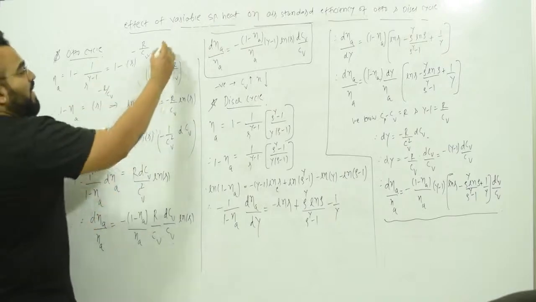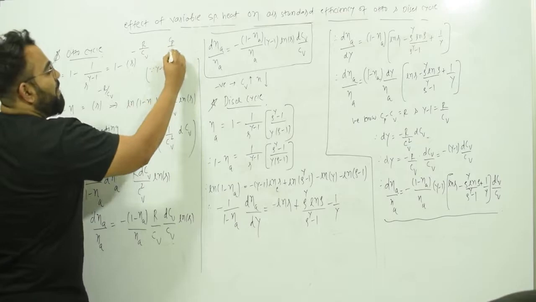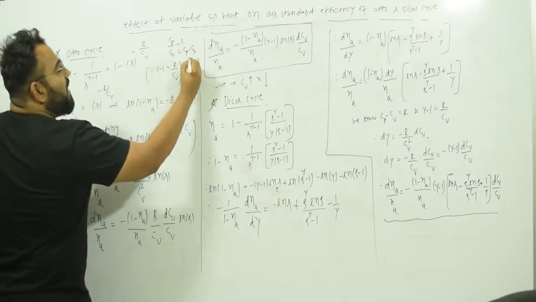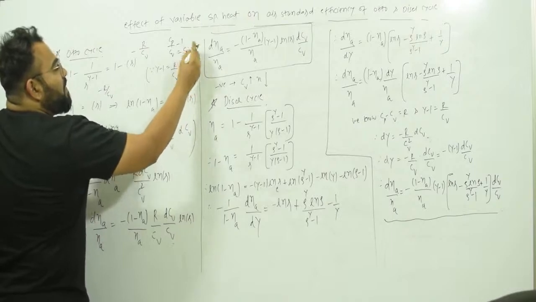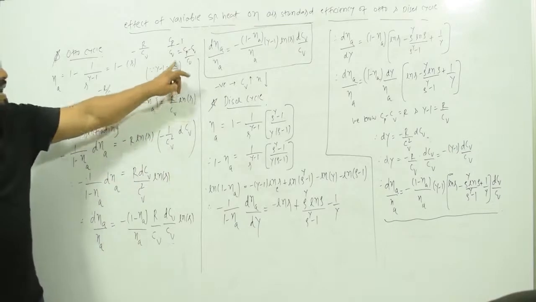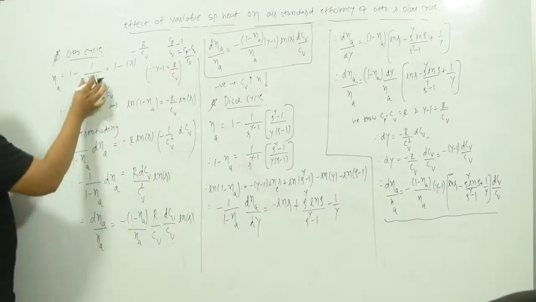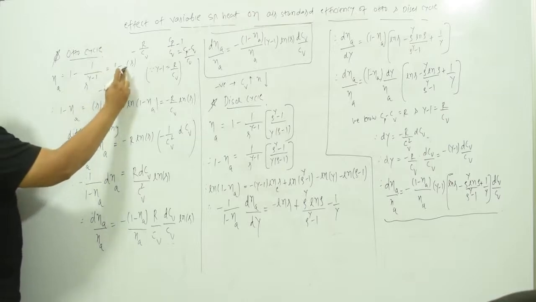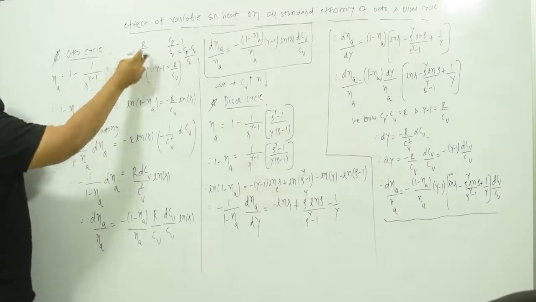Because you know that gamma is equal to Cp upon Cv, so gamma minus 1 is equal to Cp upon Cv minus 1, which is Cp minus Cv upon Cv. Cp minus Cv is equal to R. So R upon Cv. So in place of gamma minus 1 I can write R upon Cv, and that will go up. So it will be 1 minus r raised to minus R upon Cv.